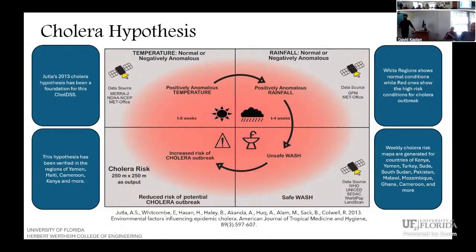If a region is flooded and there is a proper drainage system to drain the flood water as soon as possible, the chances of Vibrio, the cholera outbreak, reduce significantly. This hypothesis has been verified in different regions of Yemen, Haiti, Cameroon, and we have been generating these reports every week for Turkey, Yemen, Sudan, Pakistan, South Sudan, and multiple other countries as well.